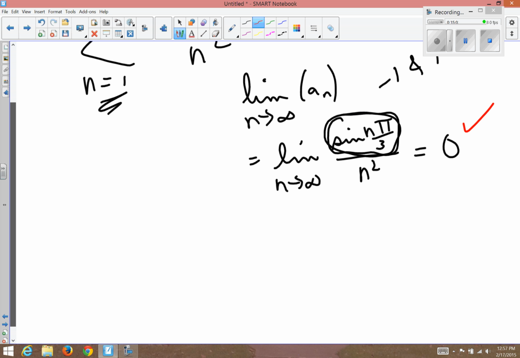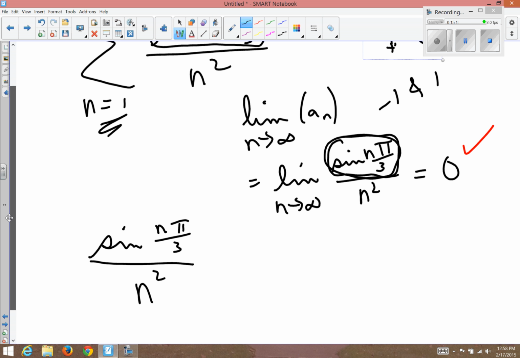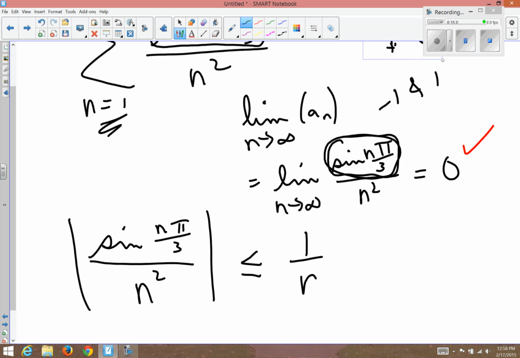Also, the sine of n pi over 3 over n squared, the absolute value of that is always going to be at most equal to 1 over n squared, for the same reason I was just talking about. This numerator is a sine of something, so it's always between -1 and 1.